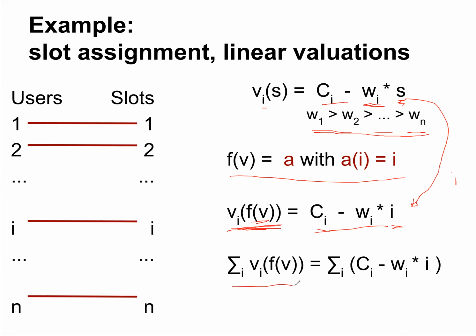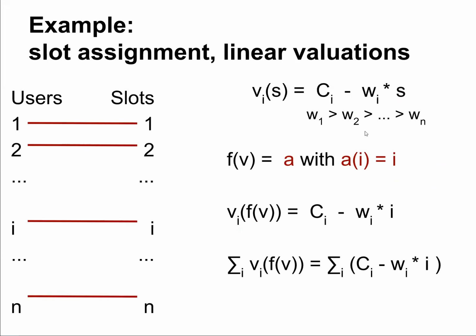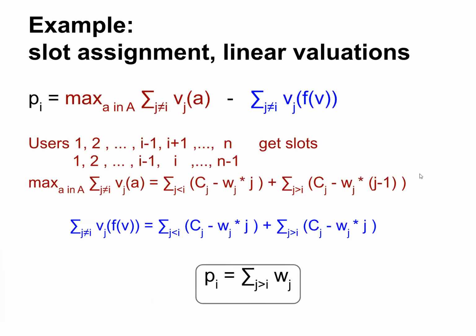And the total social welfare, or the total valuation of all the users, is just this. Again, this is just formulas. It's easier to write them than to pronounce. Okay, so that's the total social welfare of all the users.